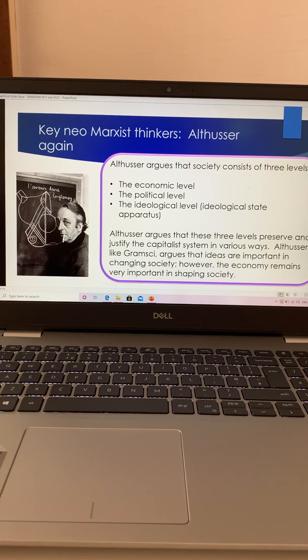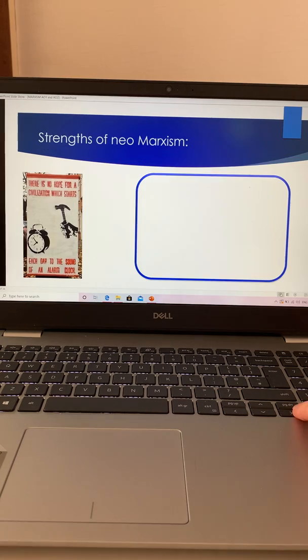Ideas are really important in changing society, but the economy is still really relevant. It's still the most important thing to shaping individuals, isn't it? Money is the root of all evil, and they agree that it's still important, but they're looking at other factors as well. That's the key with neo-Marx.